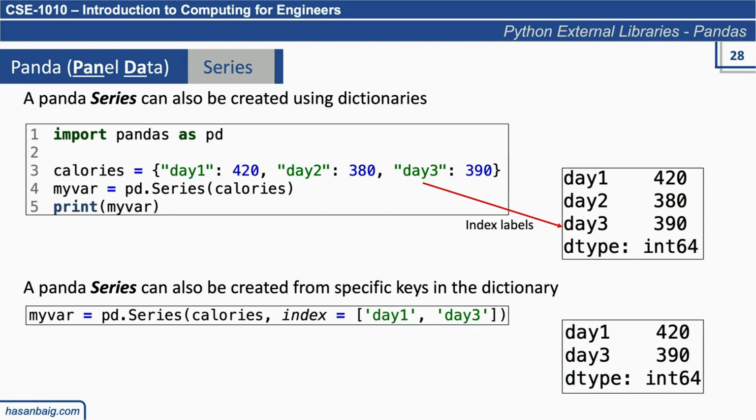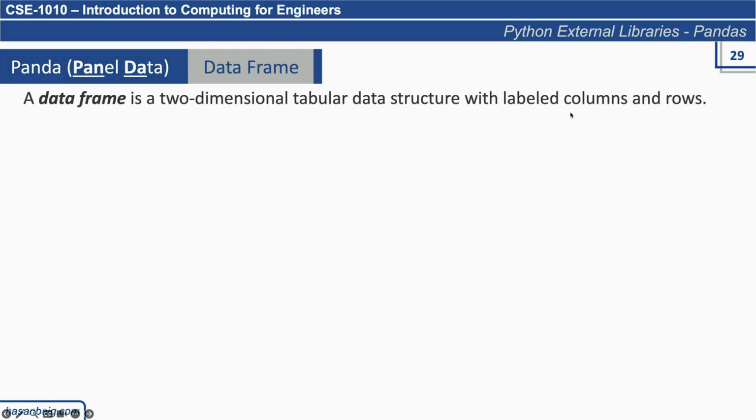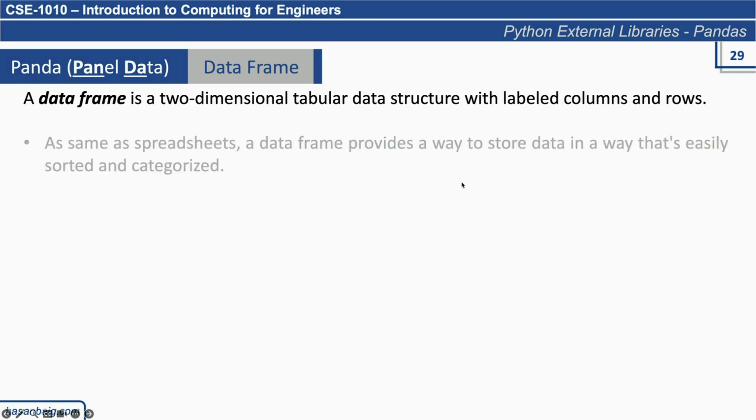So this is all about series and one-dimensional data. We can also create two-dimensional data, which we call in Pandas a data frame. A data frame is a two-dimensional tabular data structure with labeled columns and rows. We have talked enough about creating two-dimensional structures with nested lists or nested dictionaries, but here we can create two-dimensional data with labeled columns and rows.